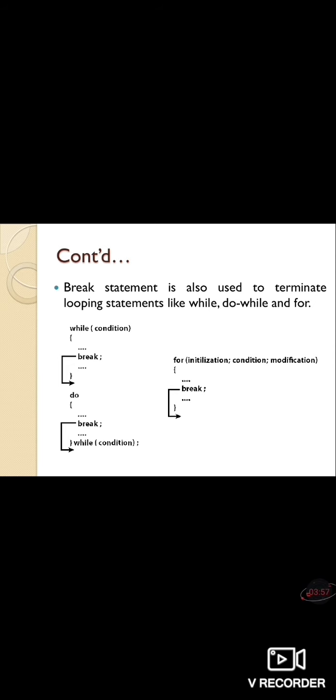Next, within the do while loop, if the break statement is encountered, then the flow of the execution moves out from the do while block. If the break statement is encountered within the for loop, then the execution flow will move out from the for block.